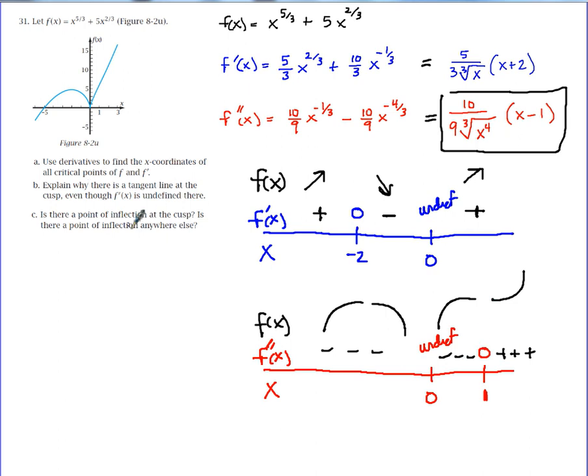To answer the second question, to explain why there's a tangent line, you really do need to look at the limits. So we'd have to say the limit as x approaches 0 from the left of f prime of x. We want to look at that first derivative. So let's examine this over here.